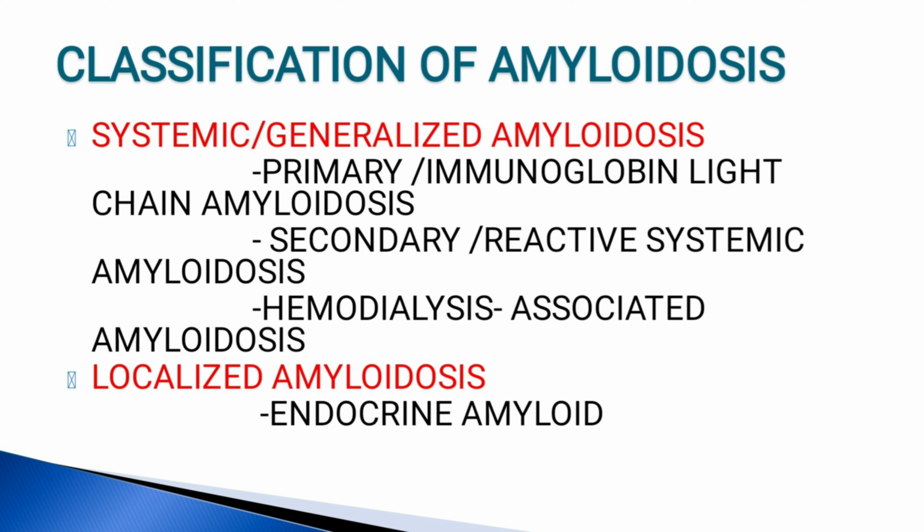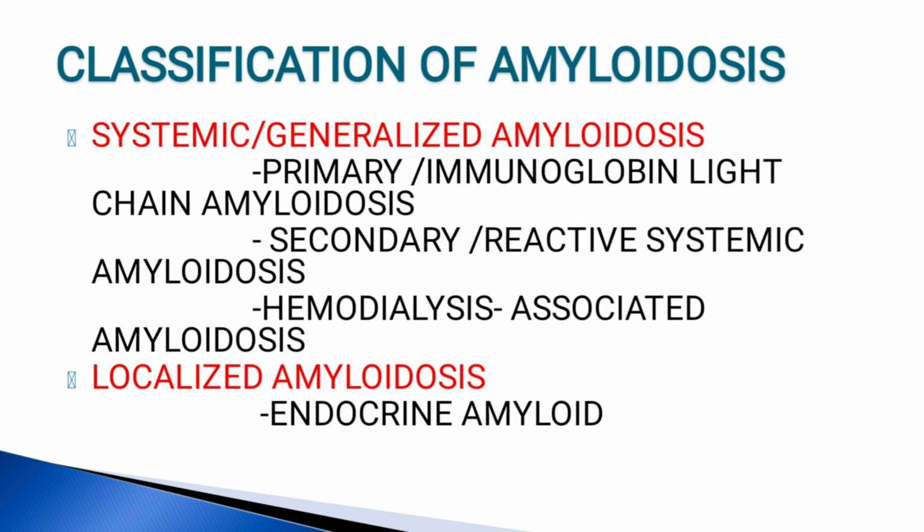Here, the SAA synthesis, that is the serum amyloid associated protein synthesis by the liver cells, is increased due to cytokines like interleukin 6, interleukin 1. When the cytokine is released during inflammation, the SAA level is increased. There are two explanations for the amyloid formation by SAA.